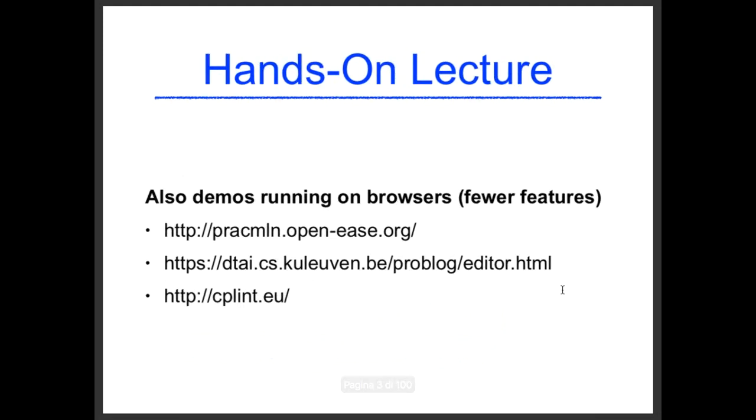Actually, here it's written that the demos on the browser have fewer features. This is more or less true. ProBlog and cplint have almost all the features, I have to say, because the main limitation is that it's a limited amount of memory, of course, but the features of the frameworks are almost all there.